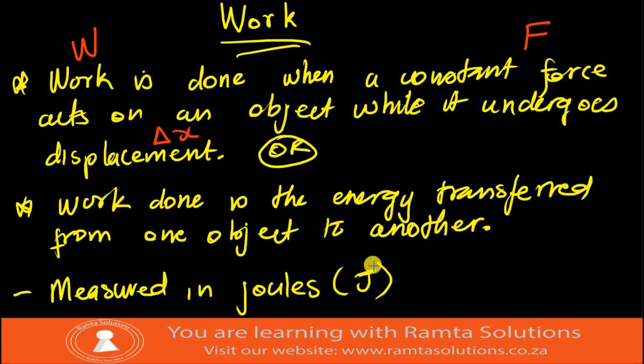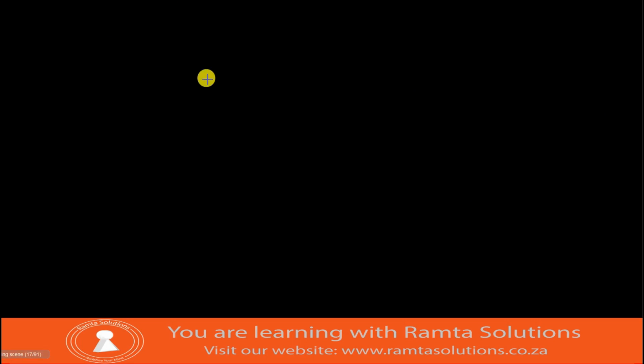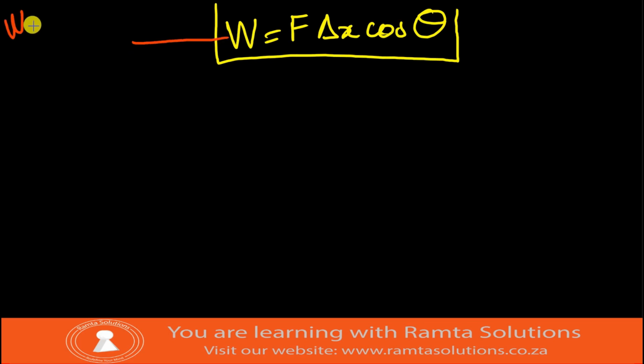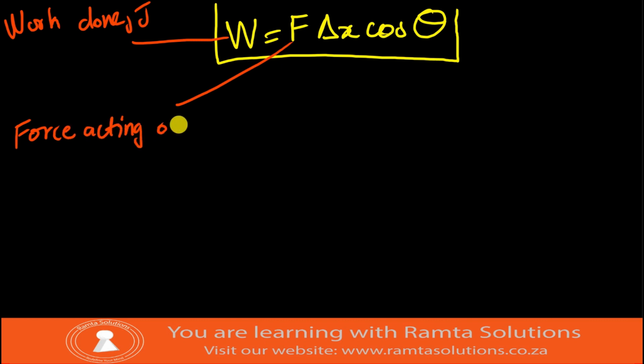Right, so let's talk about the formula that we use. The formula is work is equal to F delta X cos theta, where W is the work done, measured in joules, while F is the force acting on the object.